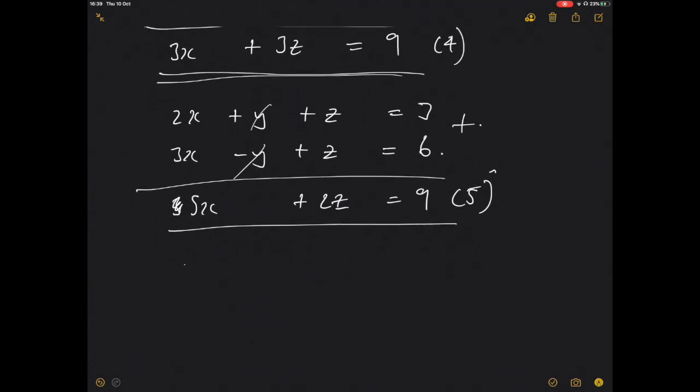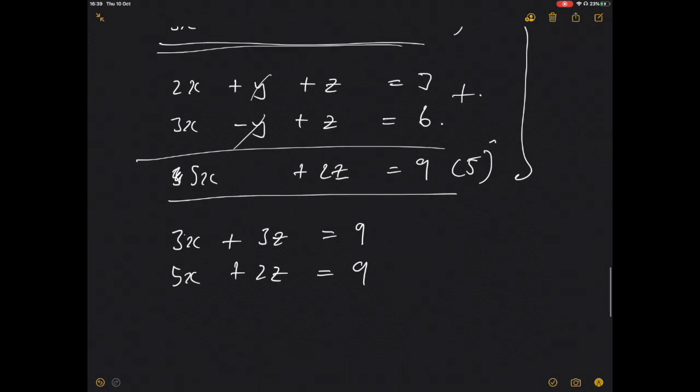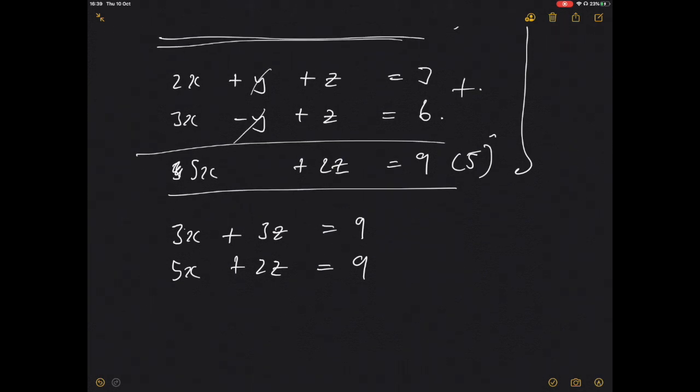So now we have equations 4 and 5 with similar terms, perhaps we can say 3x plus 3z equals 9, and we have 5x plus 2z equals 9 also. But we want to find some like terms. So a bit like our fractions, we want to find things that add up.